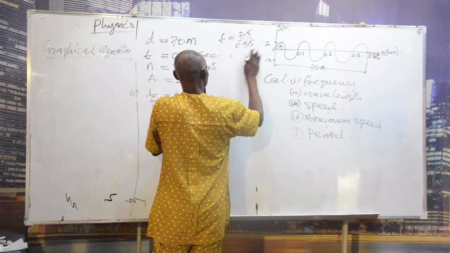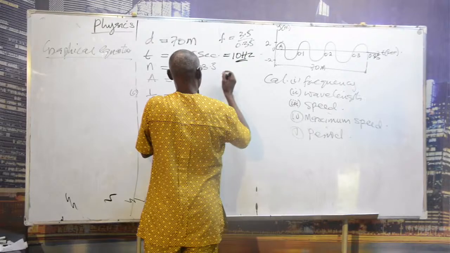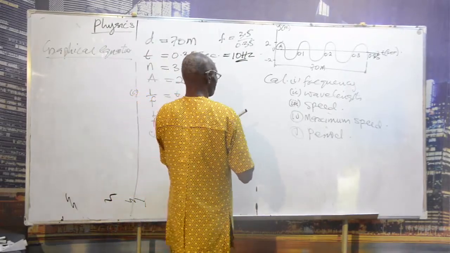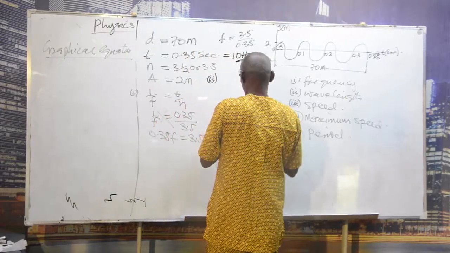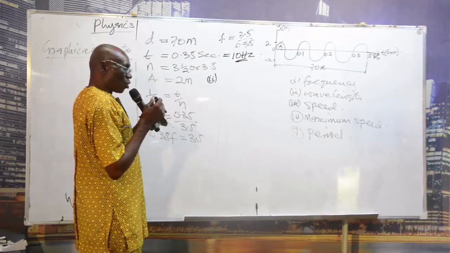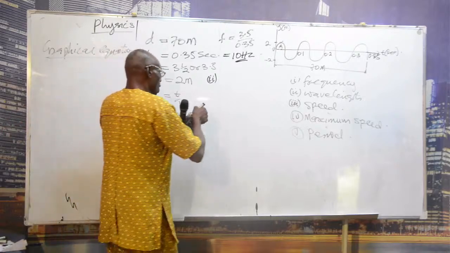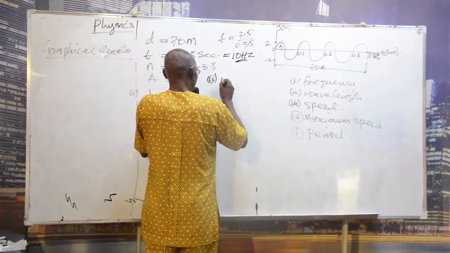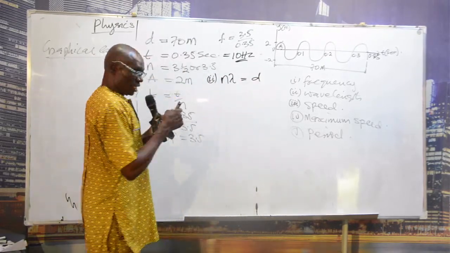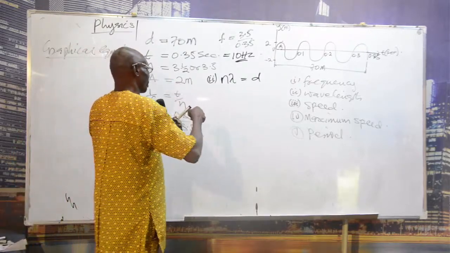So this is 10 hertz. Then, remind me, what is next? For the wavelength, I will come back to an equation relating wavelength. The equation says that wavelength is equivalent to distance over number of waves.